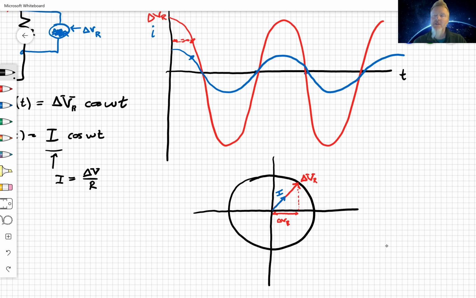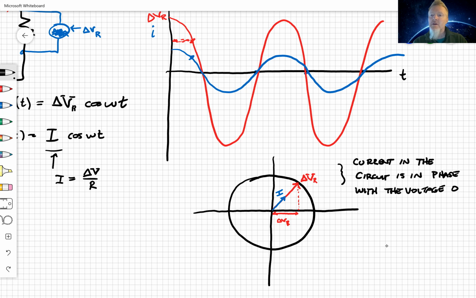That's important because the phases of things are going to be pretty important here. What this tells you is that current is always in phase with the voltage, I guess I should say across the resistor.